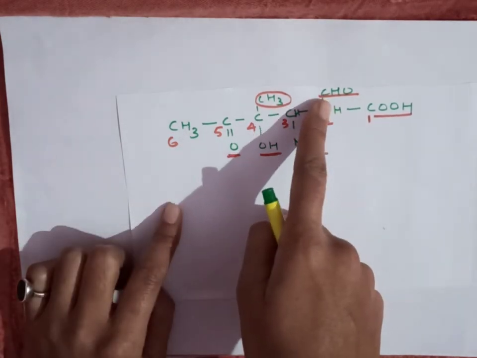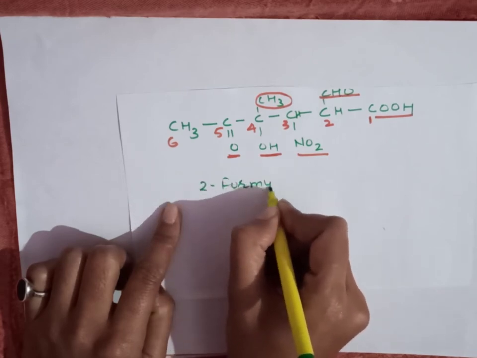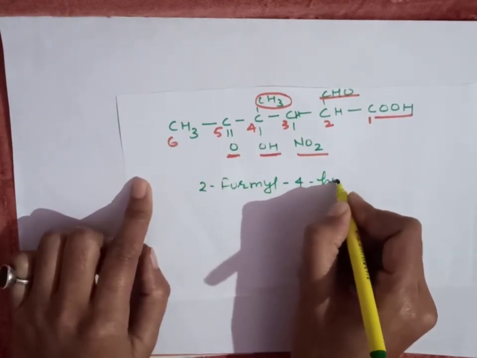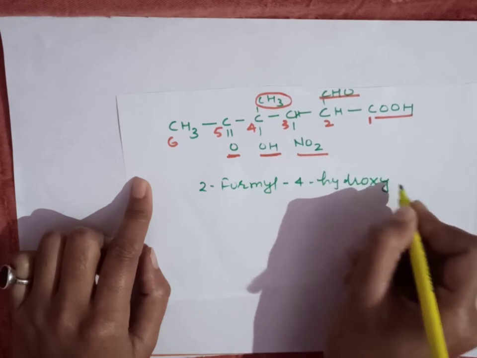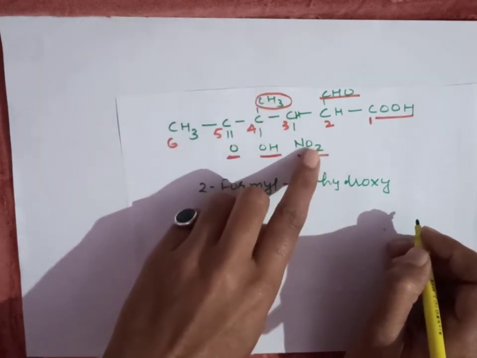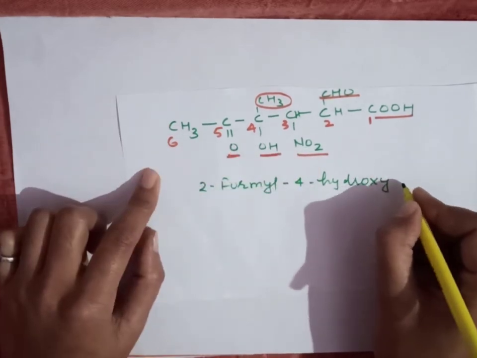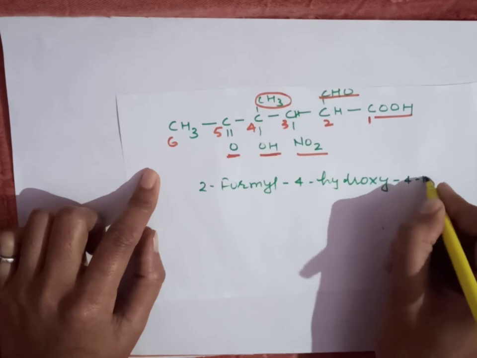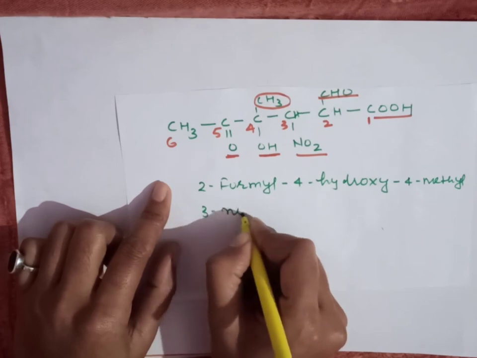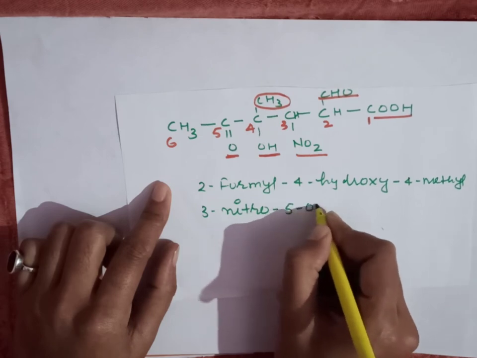So F comes first, so I will write 2-formyl, then 4-hydroxy, then methyl or nitro, which comes first? M comes first, then 4-methyl, then 3-nitro, 5-oxo.